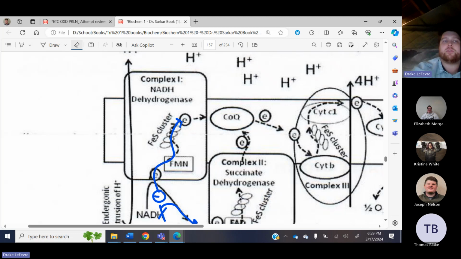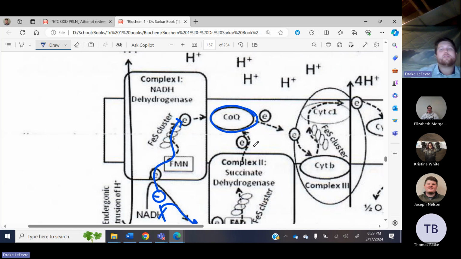Now CoQ, and we'll see this in a little bit with questions, is probably one of the most asked about in this next chunk because it is very, very important. You'll also see, this is also a boards question, that CoQ10 is most similar to vitamin K. So vitamin K is important because it's very similar to CoQ, and we need that for our electron transport.